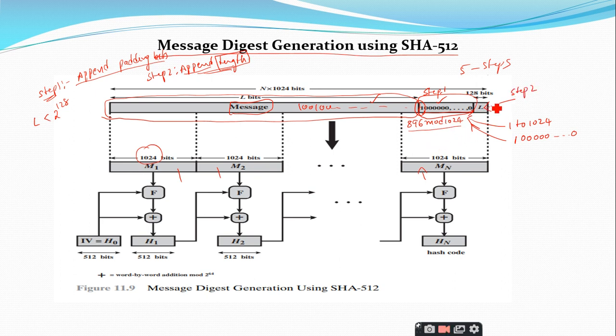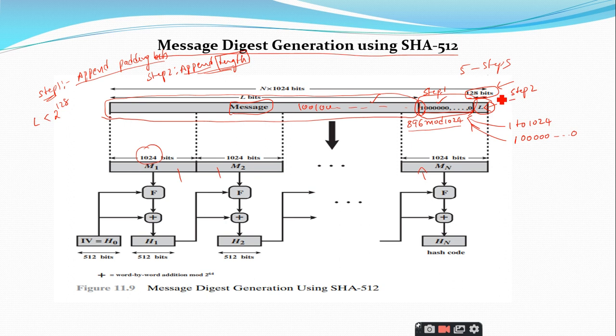So after padding the bits, you are going to attach the length of the original message. It is of length 128 bits. That means you are going to append a block of 128 bits to the message after padding.